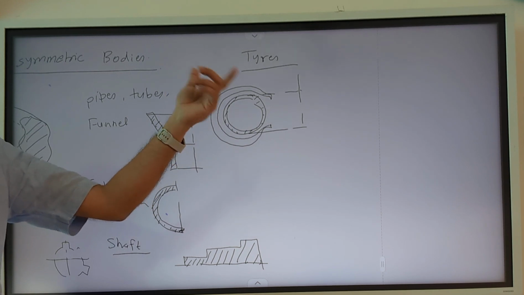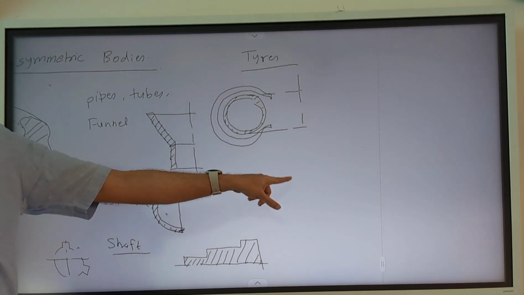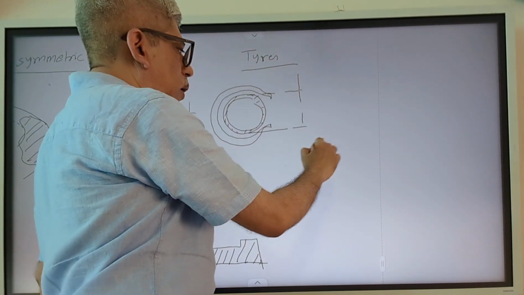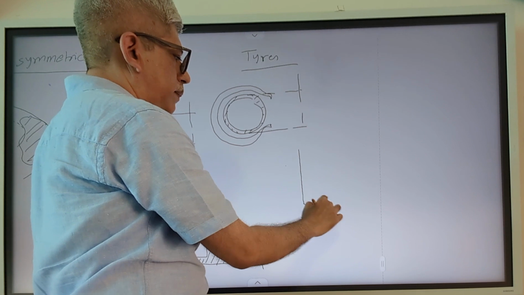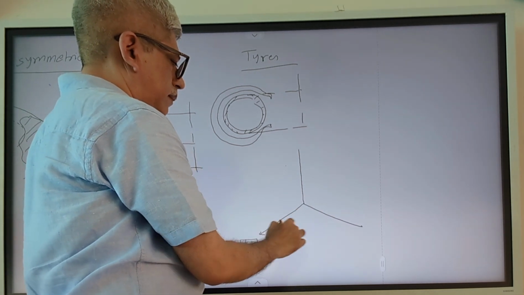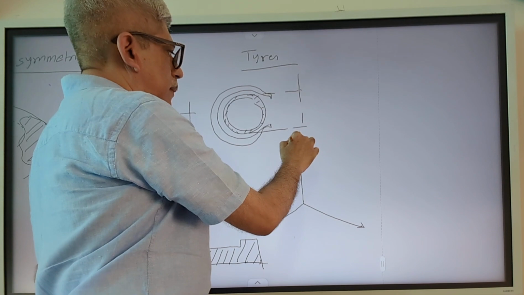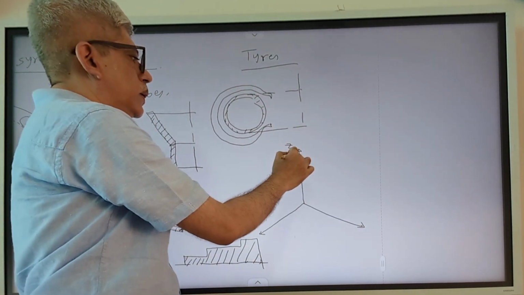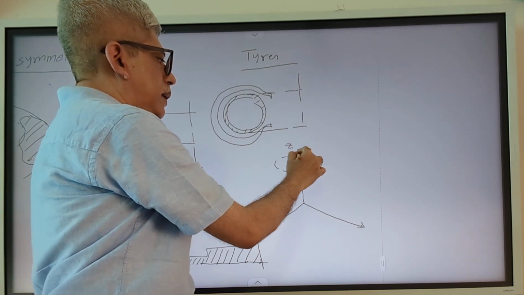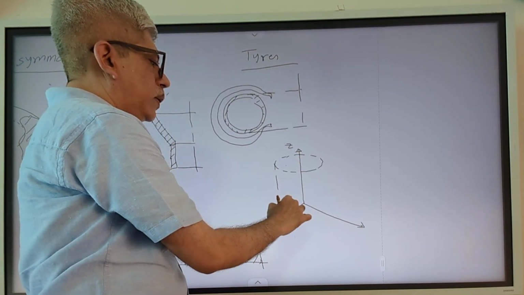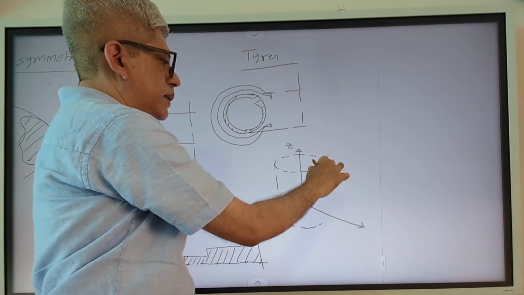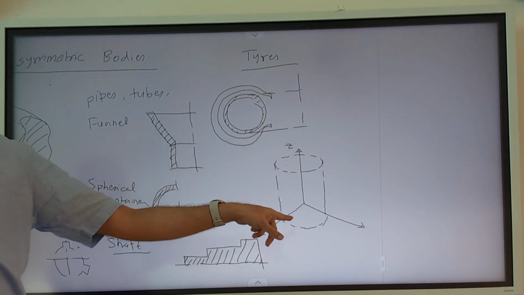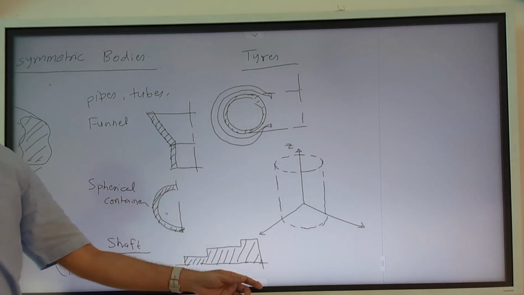So what we will be doing in the next classes is analyzing these bodies in terms of the polar coordinate system. In the polar coordinate system, you will have a z-axis, which is always treated as the axis of revolution. Whatever your body is revolved about, that axis is treated as z.